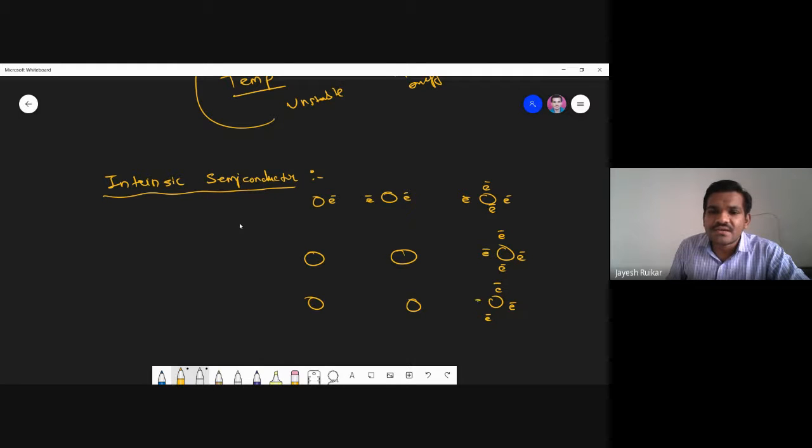So bear with me. These are the 4 valence electrons in its outermost shell. Now this one also has valence electrons.